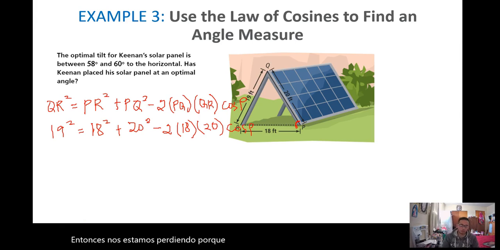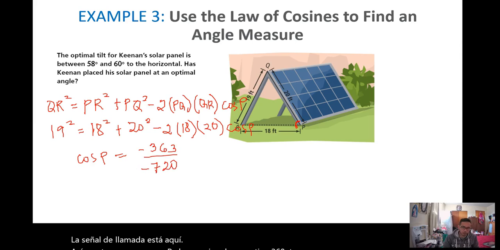That's cosine P. And then just do the process there. Of course, you transfer that cosine P here. So we have cosine P now is equal to negative 363 over negative 720.